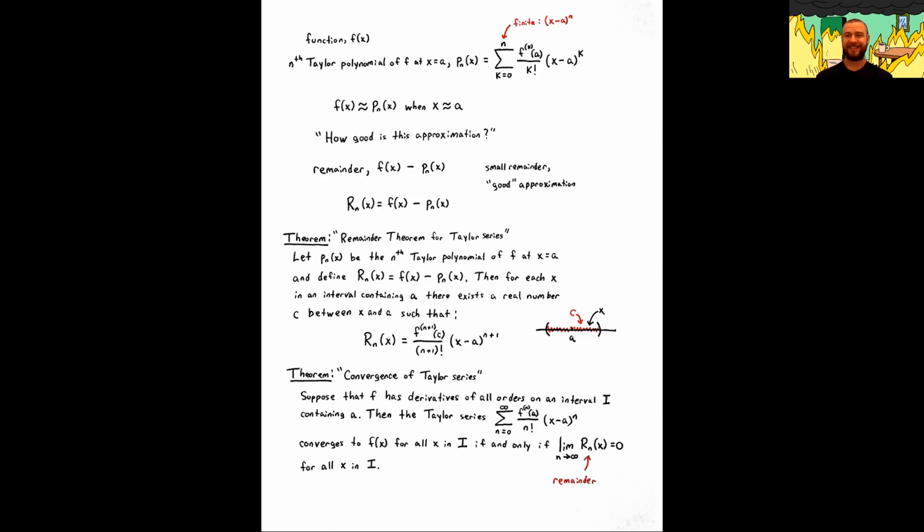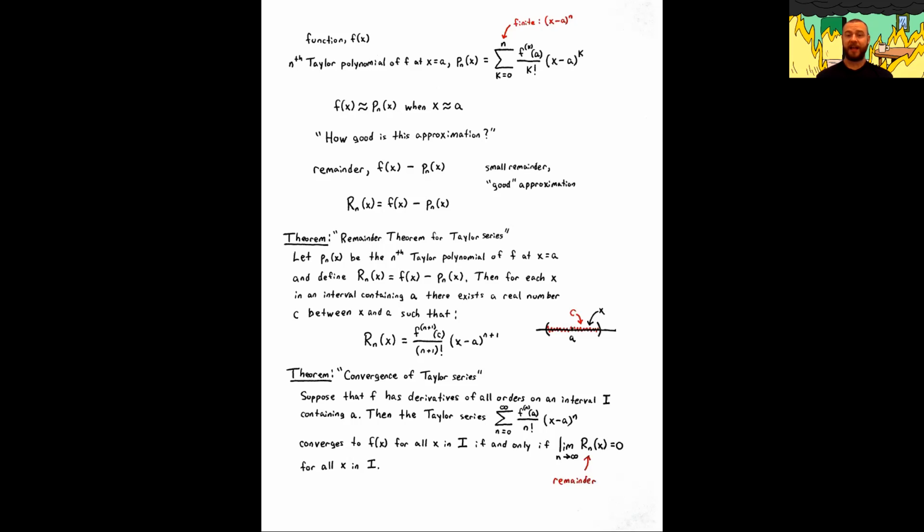Recall in Calc 1 the idea of differentiability.